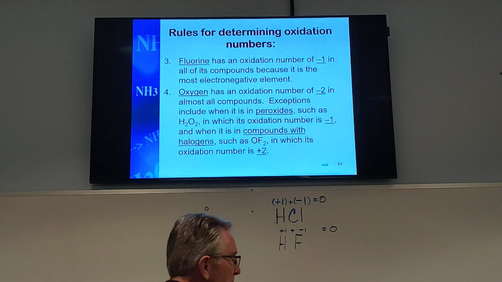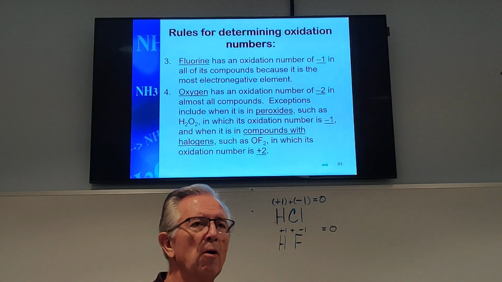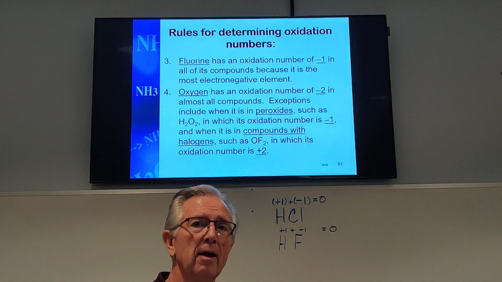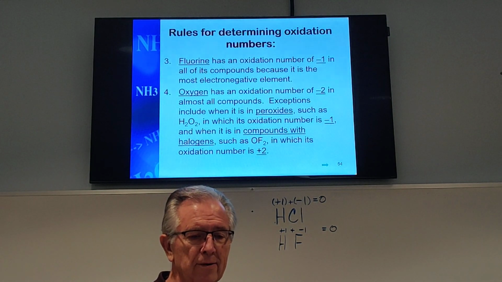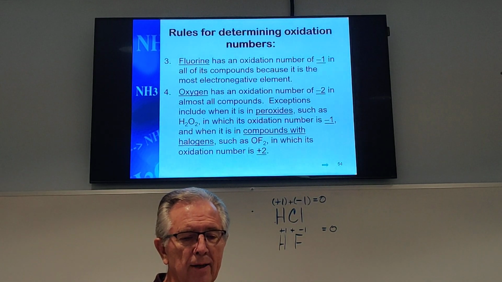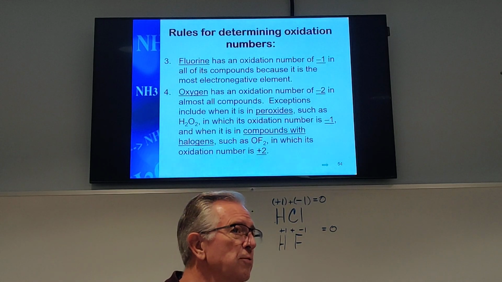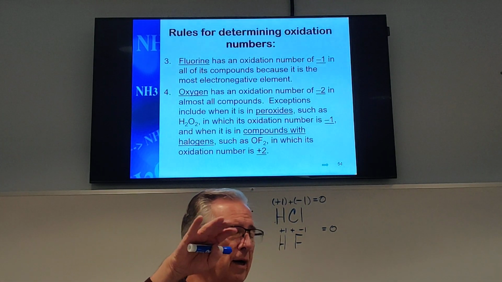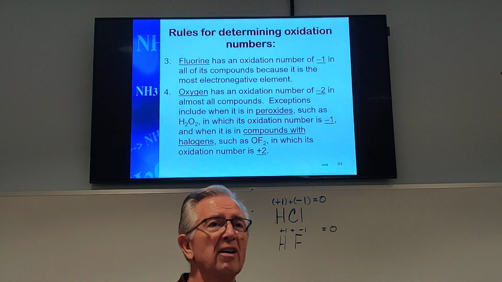Oxygen's oxidation number is going to be -2 almost all the time, unless it's a peroxide, or it is bonded with a halogen. Those are the 2 exceptions to that. So most of the time, if you look on your common ion table, oxygen, what does it have beside oxide?